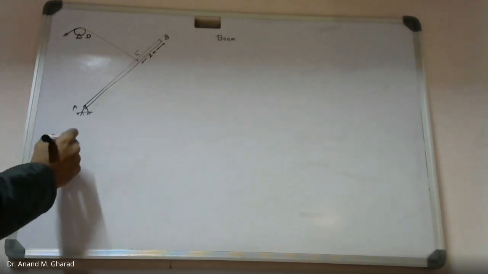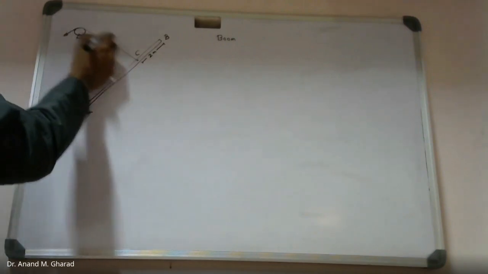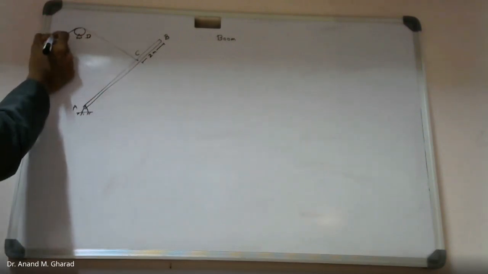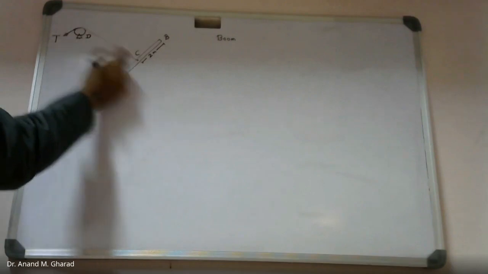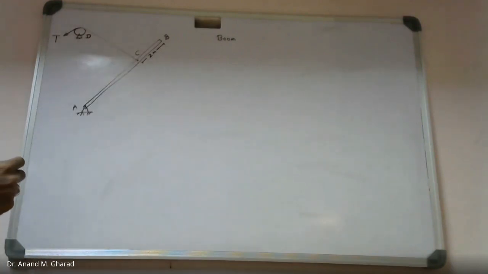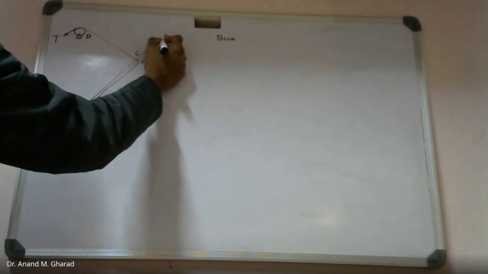So what you are supposed to identify? First of all, you are supposed to identify the tension in this rope, and secondly, the weight of the boom is 0. It has to be neglected. Some forces are given.